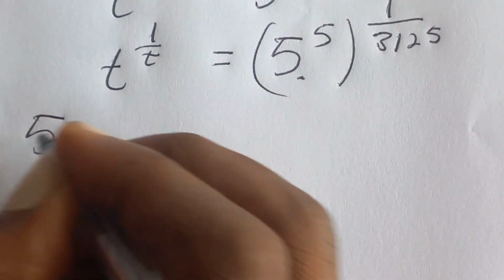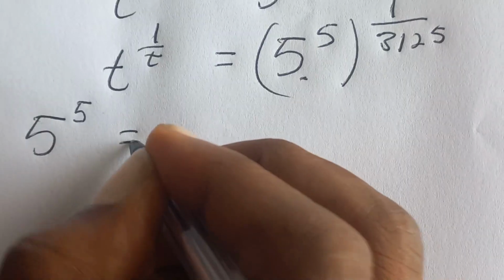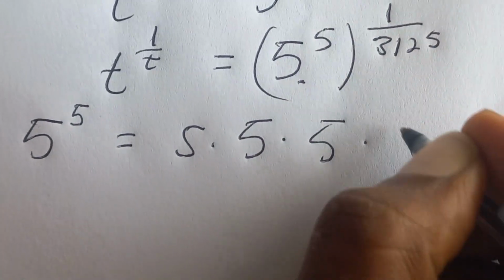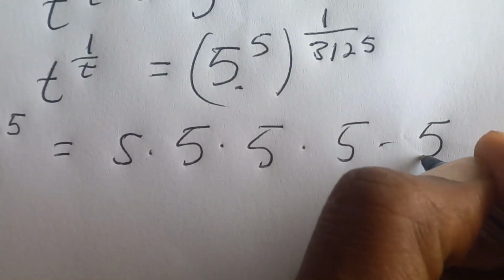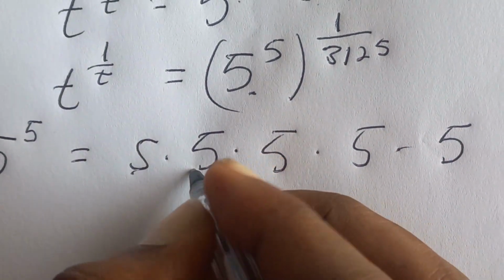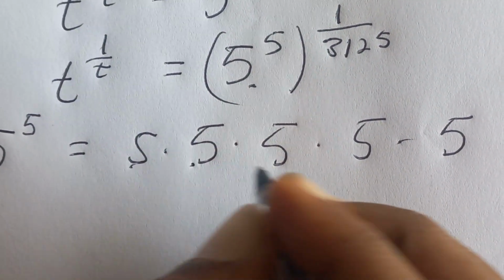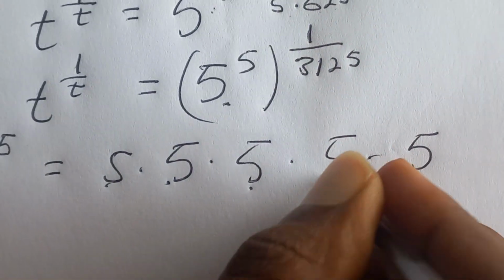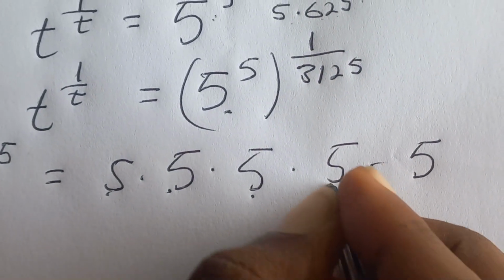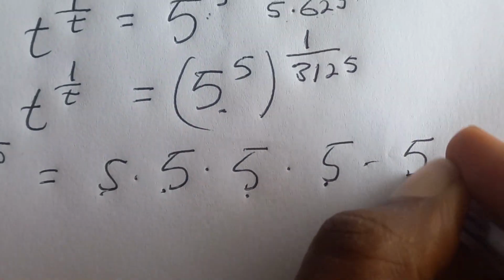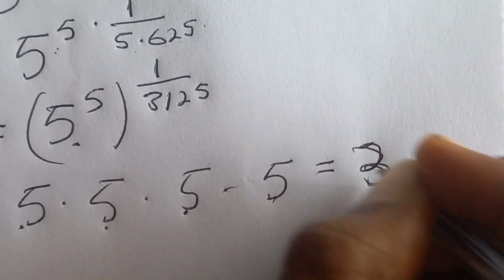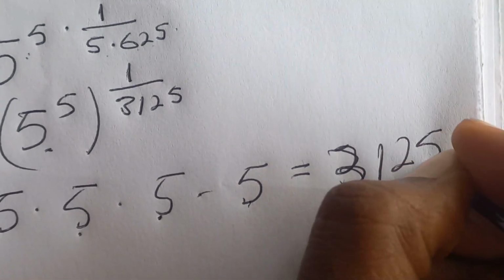So 5 exponent 5 is the same as 5 multiplied by 5 multiplied by 5 multiplied by 5 multiplied by 5. 5 times 5 is 25. 25 times 5, we are getting 125. 125 times 5 is 625. 625 times 5 is 3125.